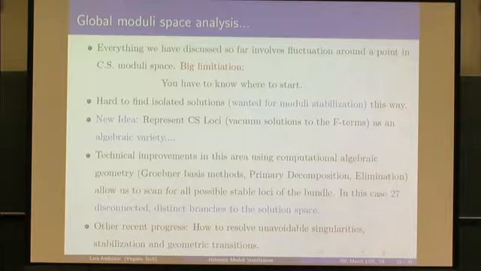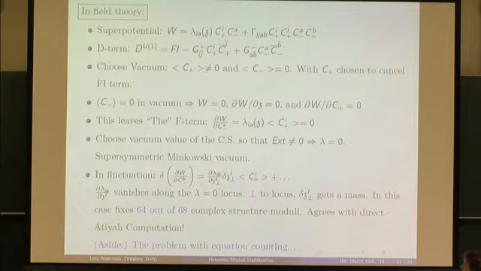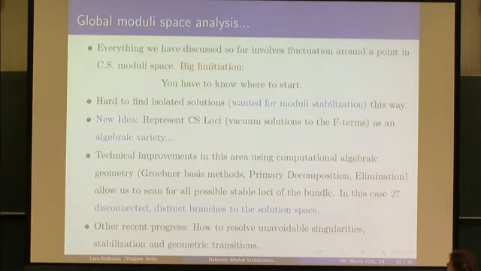So the question is, can you actually do a global moduli space analysis for bundles? Can you scan over all possible bundles in some sense and all possible minima to this potential, not from an infinitesimal point of view, but globally? So can you find from the top down bundles that will do exactly what you want? And some recent progress in this, we figured out nice ways, I won't go into the details of this, but nice ways mathematically to be able to scan over a complete moduli space.